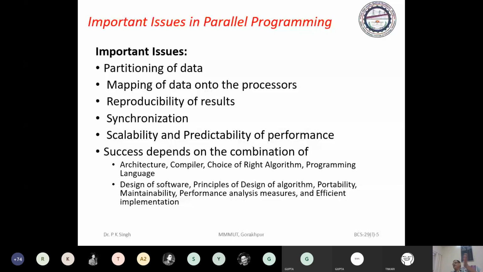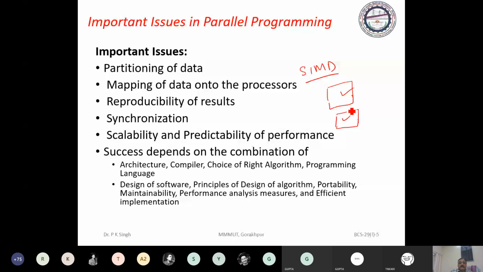As you know, in the case of SIMD architecture, and in the case of either shared memory or distributed memory architecture, in shared memory all the data to be manipulated are in the same memory, and in distributed memory you have to distribute, that is, partition, the data.